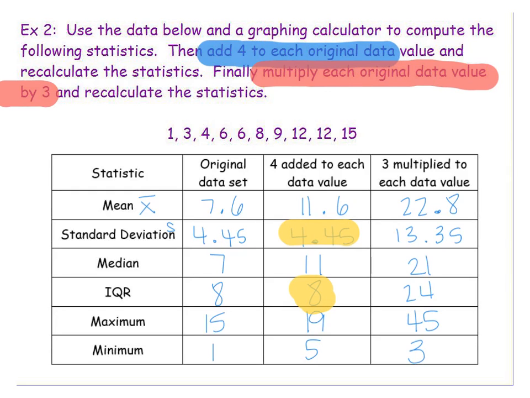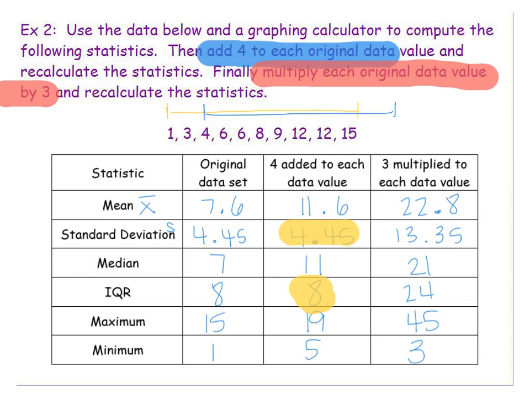When you added to everything, a data set that went from 1 to 15, that was this wide, simply moved over to 4 and up to 19. That width didn't change. And if you remember, standard deviation and IQR tell you how spread out the data is.